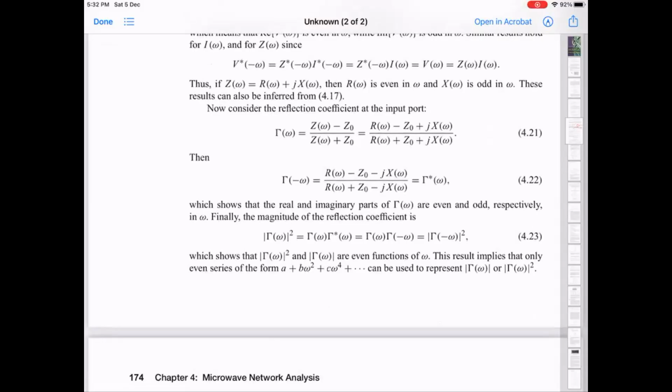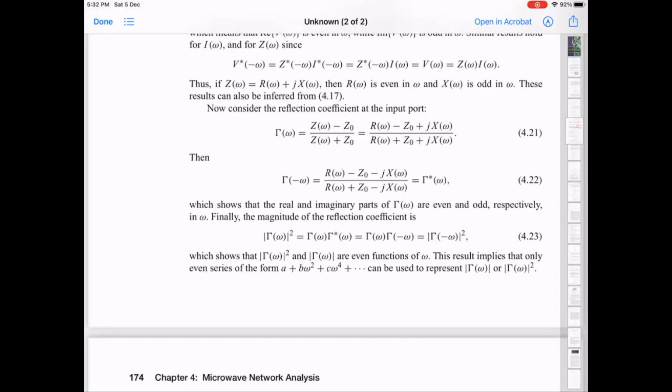So you cannot construct arbitrary functions of Z of omega from quantities which you have access to. This sometimes has implications when you're trying to do impedance matching over a large range of frequencies. You might see that there is a solution, but that solution is unphysical.